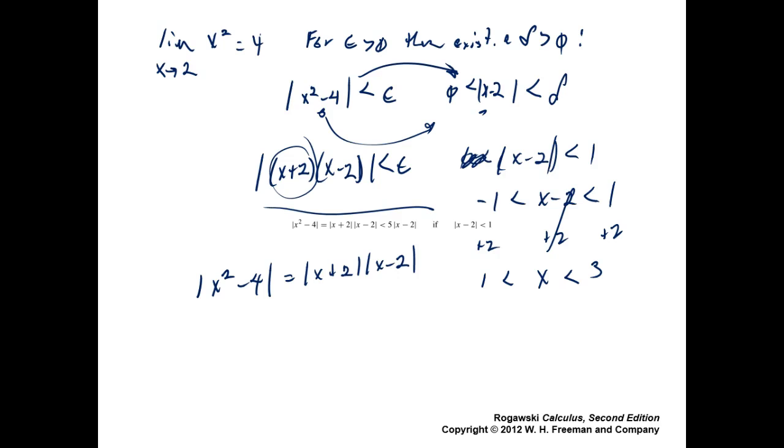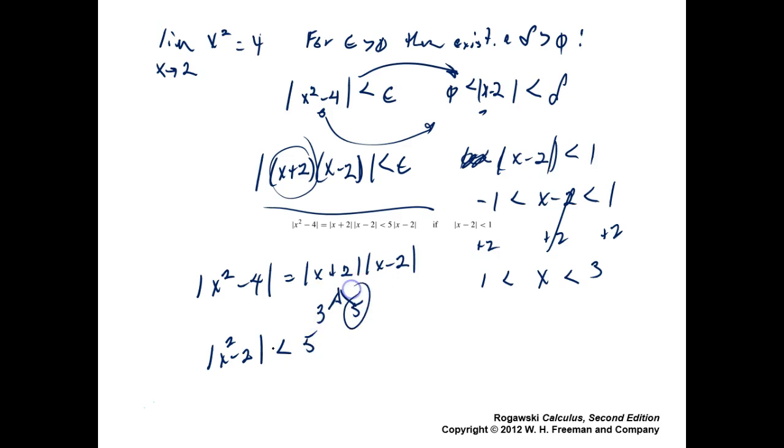Okay. Now, if we plug in our values we had before, the x has to be between these. That means this part here has to be between 3 and 5. If x has to be between 1 and 3, x plus 2 is between 3 and 5. Well, if it is, then this thing, x squared minus 4, has to be less than 5.